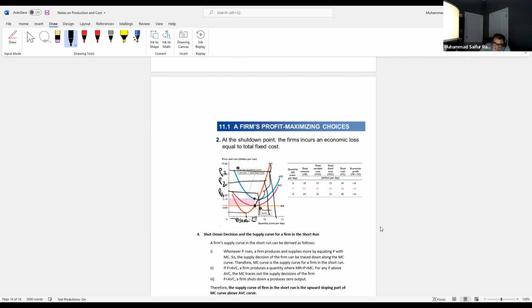We see the marginal cost curve over and above the average variable cost curve shows different levels of output our firm produces. Therefore, this upward sloping part of the marginal cost curve above the average variable cost curve is the supply curve for our firm.